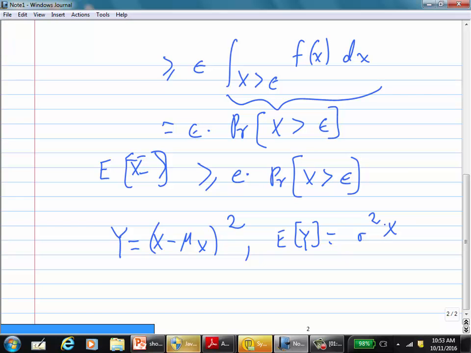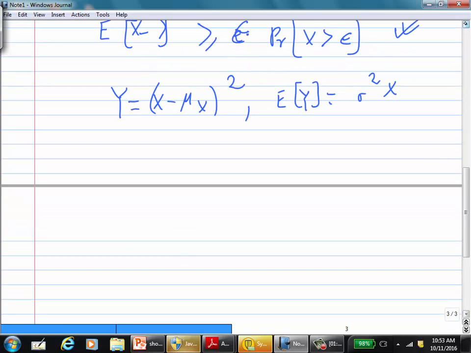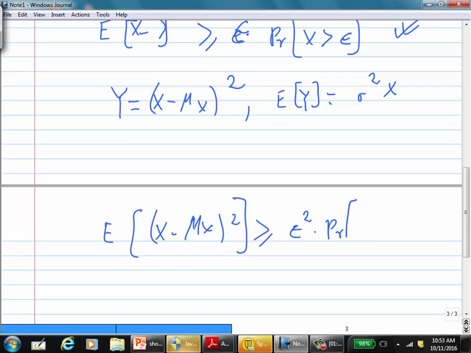So now if I write down what I already derived here, see what you get. And that's exactly the Chebyshev inequality. You get the expected value of x minus mu x, squared, is greater than or equal to epsilon squared times the probability that x minus mu x, squared, is greater than epsilon squared.